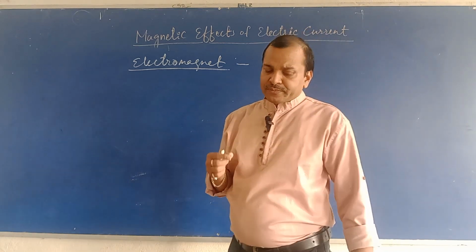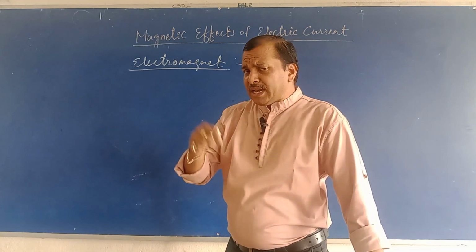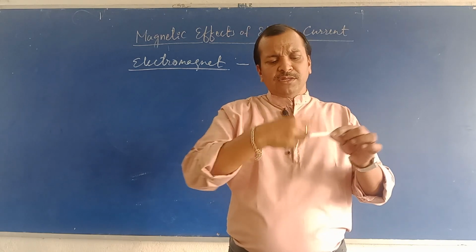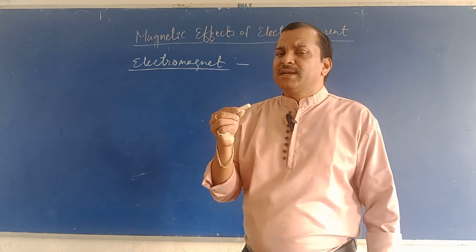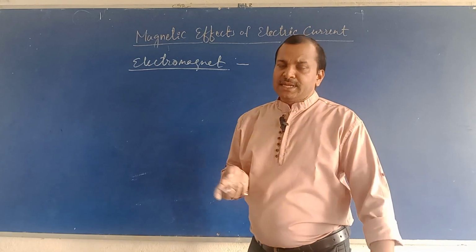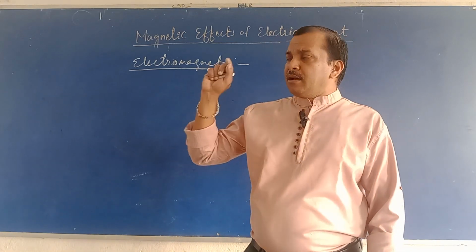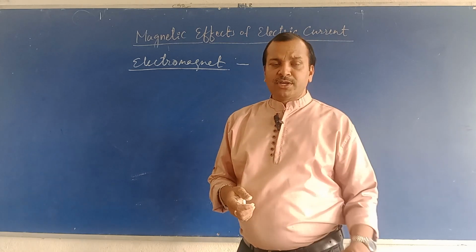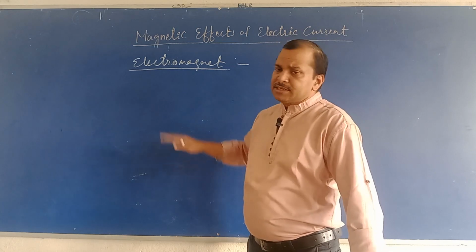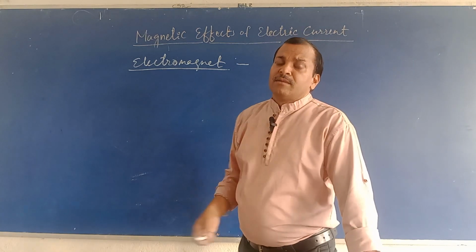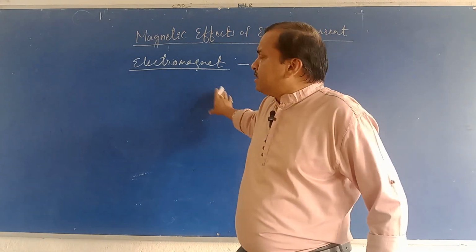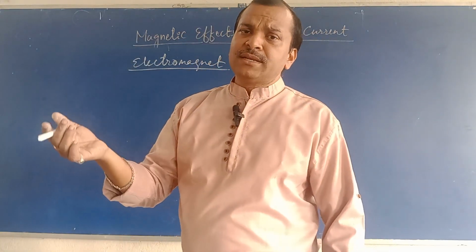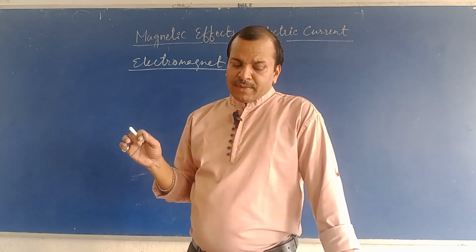Many coils are wound over the soft iron, and this acts like an electromagnet. It is used in electrical bells, as well as in motors, telephones, etc. Is it clear? A bar magnet is a permanent magnet, while this is a temporary magnet. While electricity passes through it, it acts like a magnet.